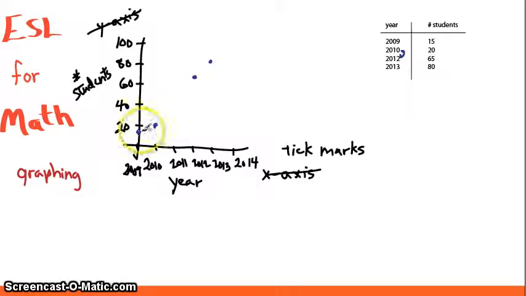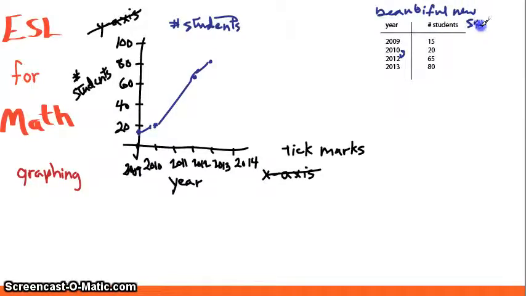And I can actually connect these dots with a line if I want. Okay, so this would be number of students at, and I didn't tell you what school this was, but this is going to be at Beautiful New School. Sorry about my pen. Beautiful New School.